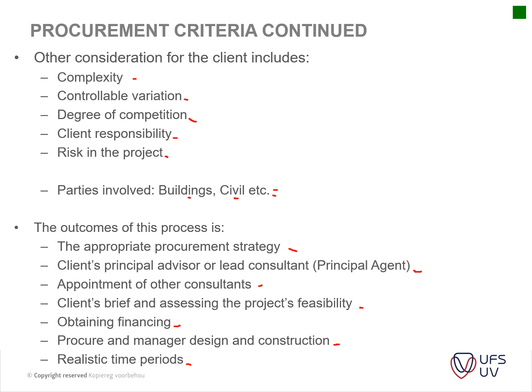If it's a public project, then usually timelines are not that important, although you do have parameters of your financial year end, and your utilization of the building. If it's a library, maybe opening at the beginning of the year for scholars to access the facility or whatever. So the realistic timeline is dictated by the questions above.